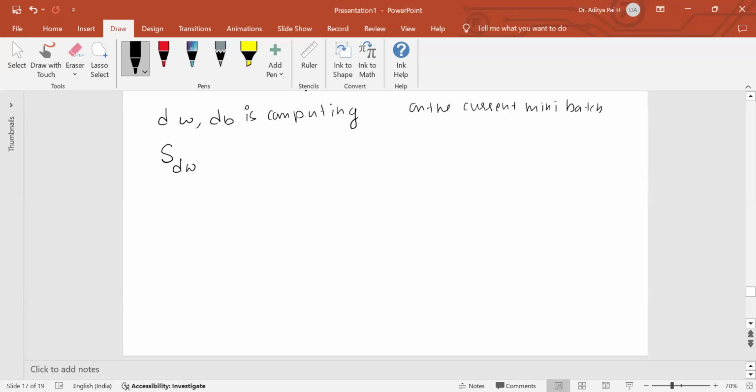In this case sdw is equal to beta times the previous value of sdw plus 1 minus beta times dw squared. For your clarity, this squaring is an element-wise squaring operation, which we had seen in the previous lectures.